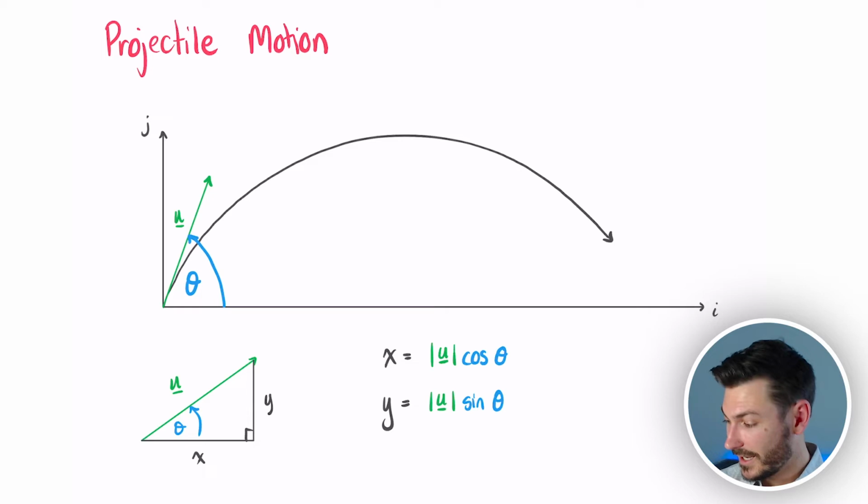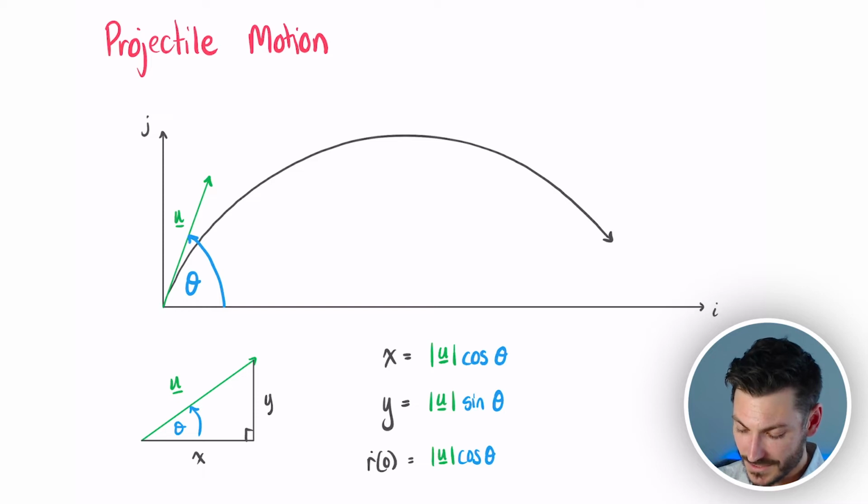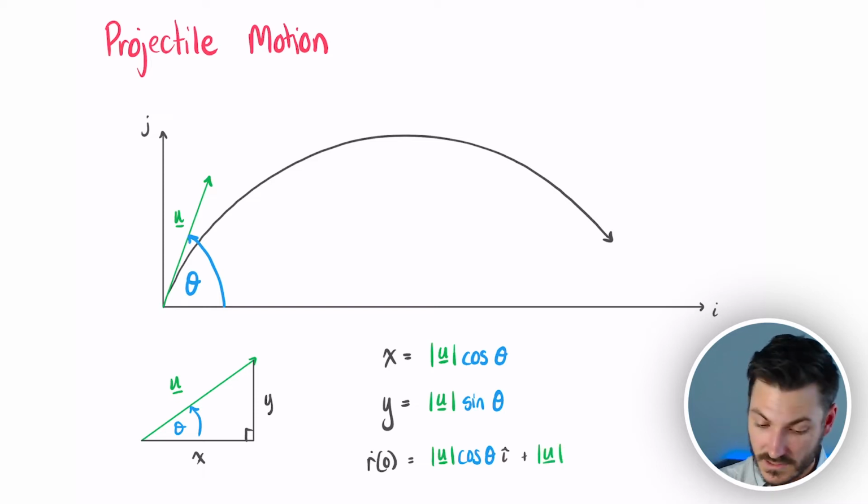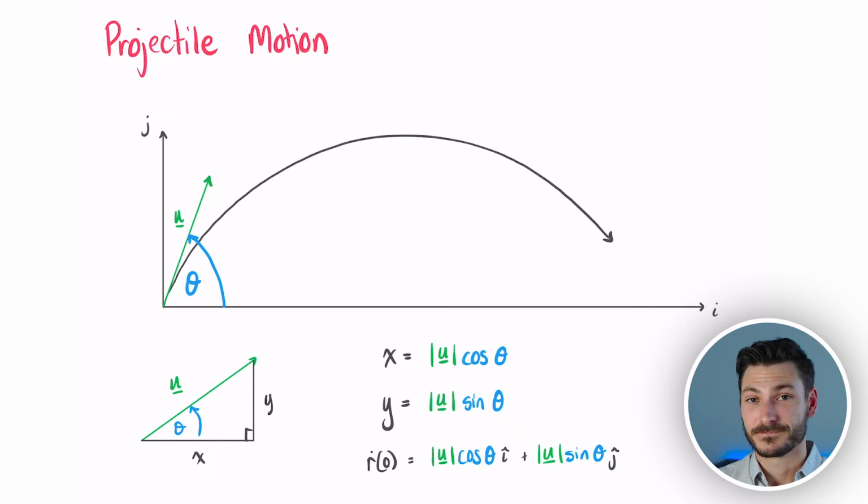So therefore, underneath this, I'm just going to write the initial velocity, so r dot 0 of any vector in projectile two-dimensional motion is going to be the magnitude of u multiplied by cos theta in the i direction, plus the magnitude of u multiplied by sine, not cos, sine theta in the j direction.